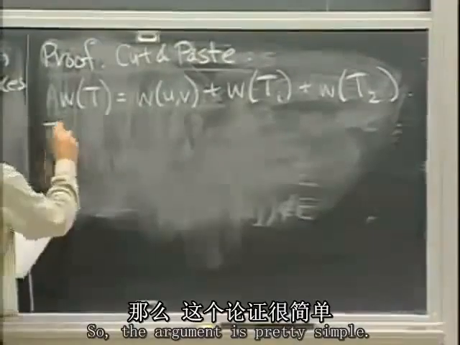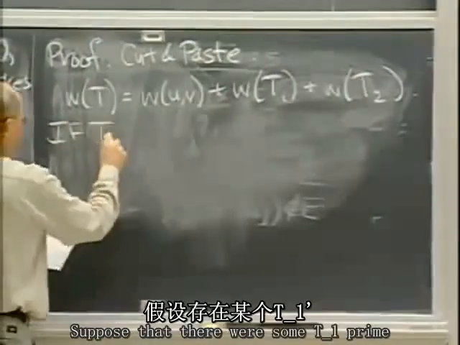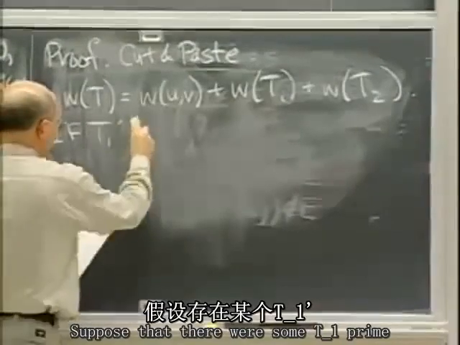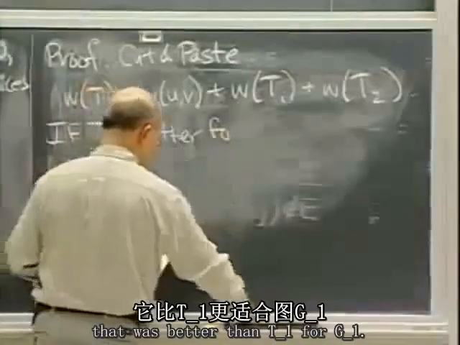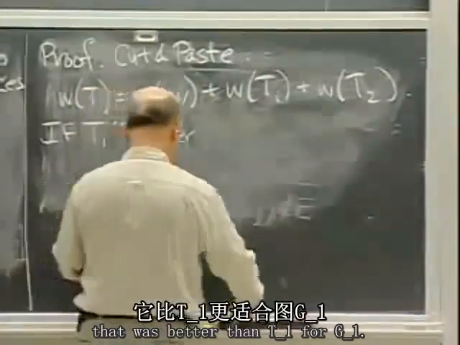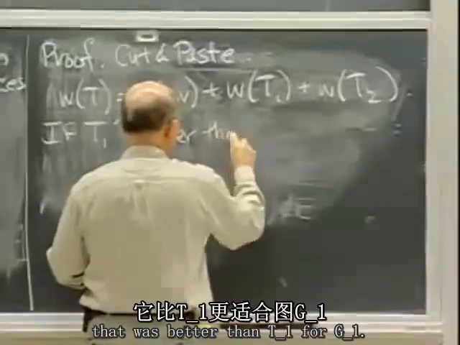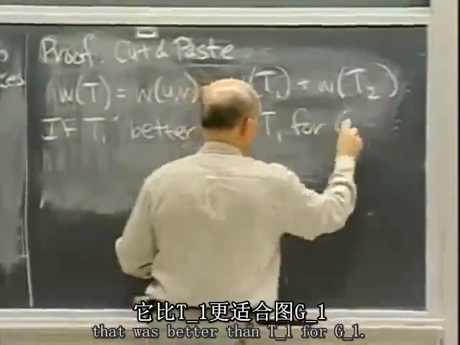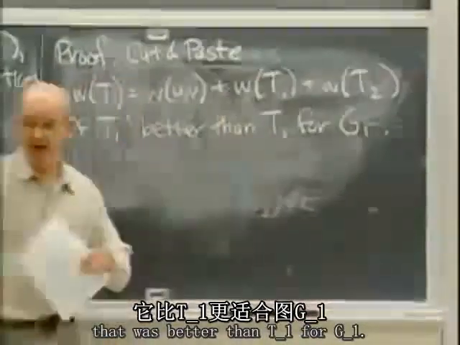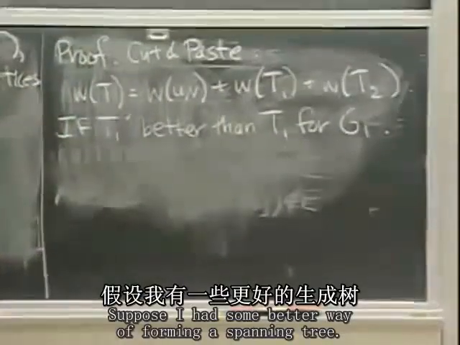So the argument is pretty simple. Suppose that there were some T1 prime that was better than T1 for G1. Suppose I had some better way of forming a spanning tree.